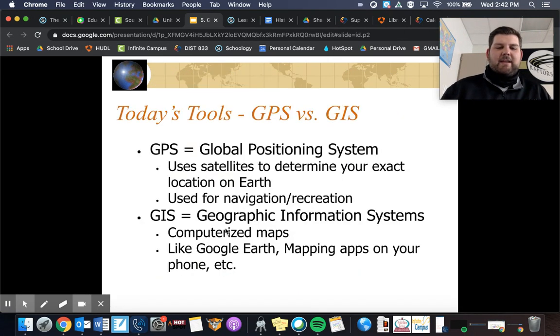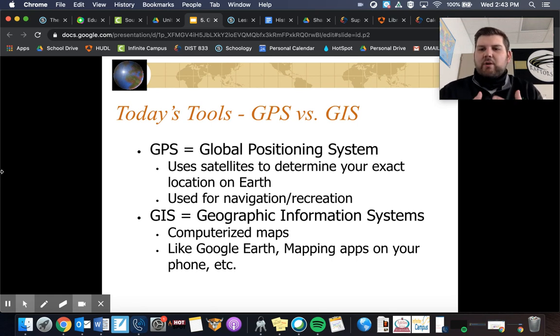Back here, this should be it for us today. The tools we use nowadays to help with maps. Maps have really improved. Obviously, we've got GPS, which uses the satellites to determine your exact location on Earth. It's used for navigation and things like that. That's GPS.